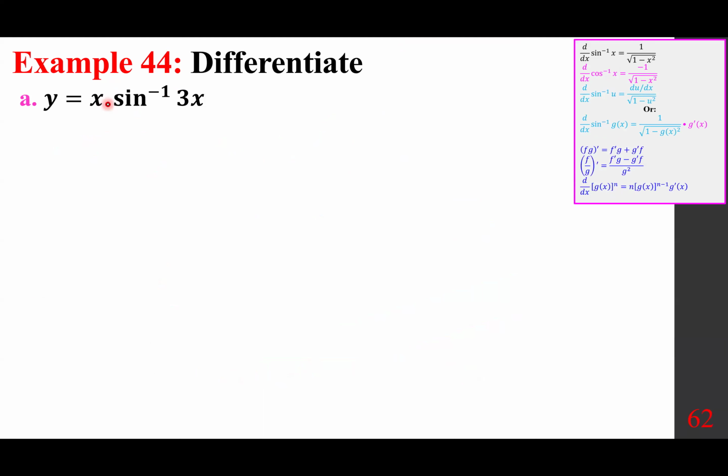Y equals x sine inverse of 3x, and this is the product rule, everybody, because this is f times g. We need f prime g plus g prime f.